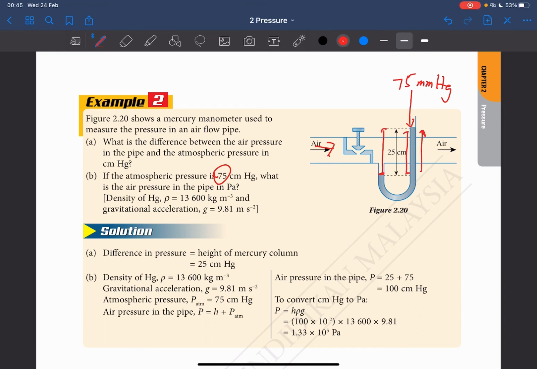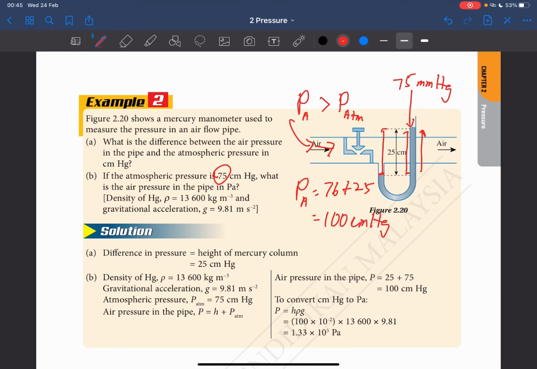That means pressure of air is greater than pressure of ATM. It is greater by what value? So just add 76 plus 25. So the pressure of air is equal to 100 cmHg.